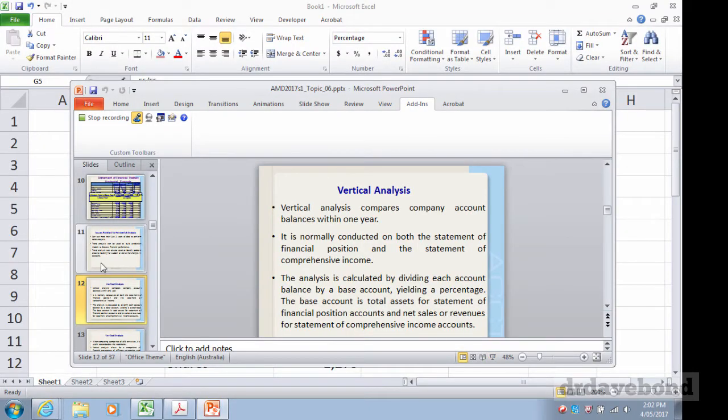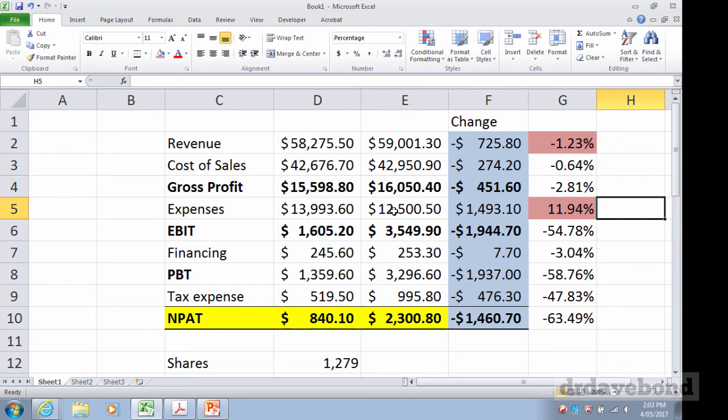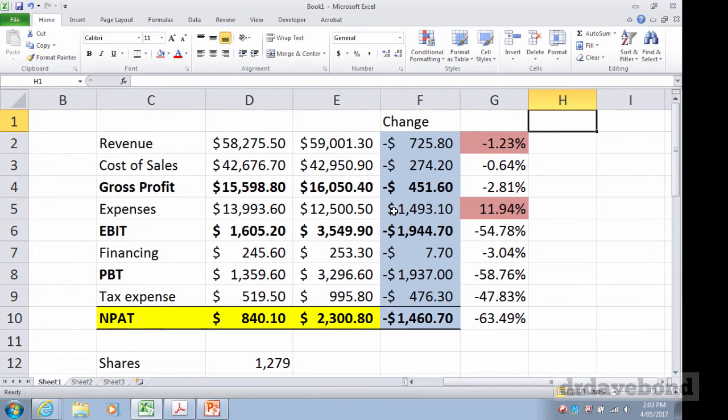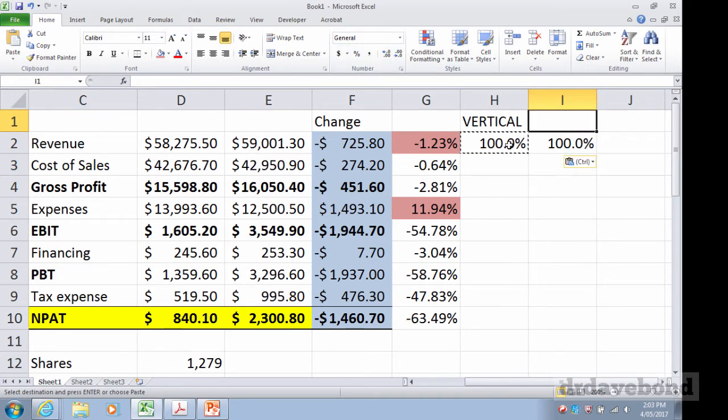So with this one right here, if we're looking at vertical, for a profit and loss statement, the base number that you use is revenue. So everything is a percentage of revenue. And, yep. So revenue as a percentage of revenue is obviously going to be 100%. I'll just roll this down.